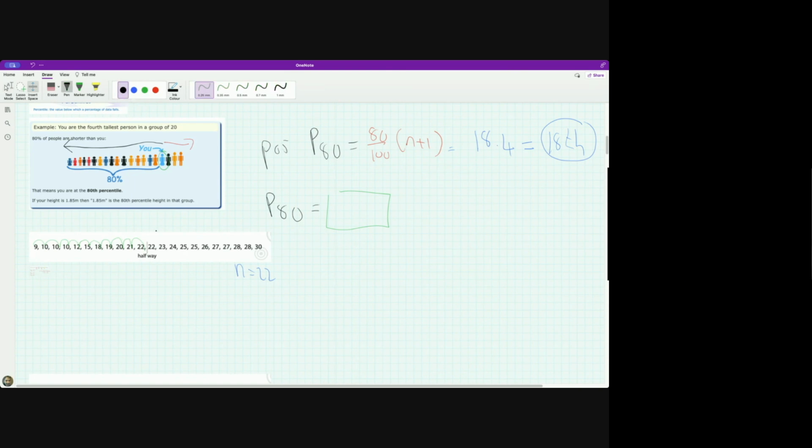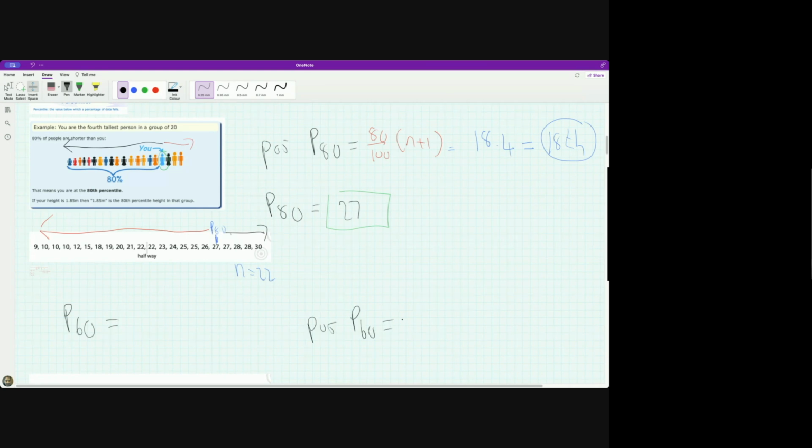So I was at 11, then I get to 12, 13, 14, 15, 16, 17, 18, and the value of the 80th percentile is just going to be 27. Okay? So we know that P80 is here, and we can see 80% of the data is below and approximately 20% is above.